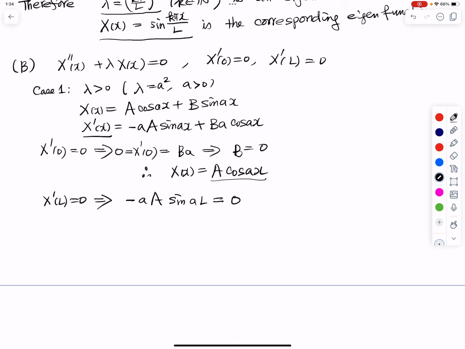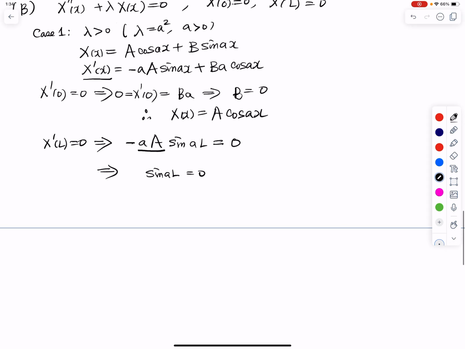So here again, a is non-zero, so sine aL should be 0.